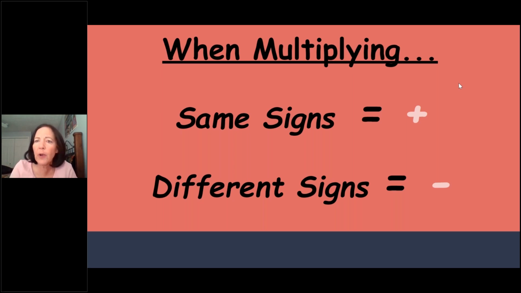Yeah, I'm writing it down right now. Write down multiply, then same signs equal positive, and different signs equal negative. Okay.